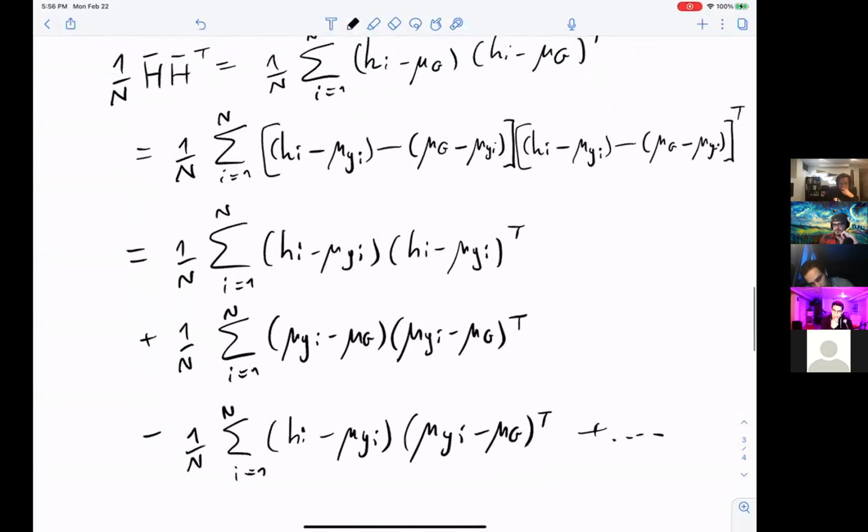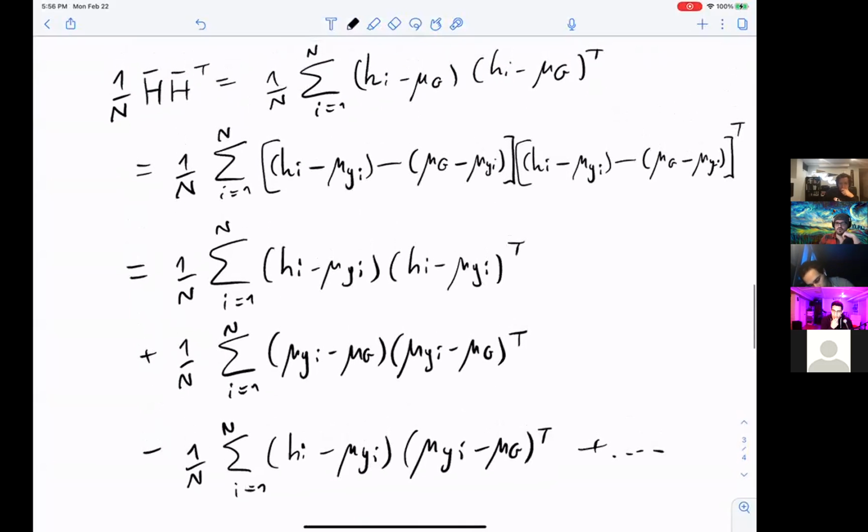Okay. Do you see how this equality holds? It's just decomposition. So in the first sum here, I'm taking hi minus mu g minus mu yi and multiplying it by this thing. Here, I'm taking this thing and multiplying it by this thing.